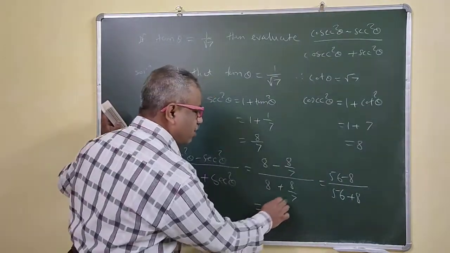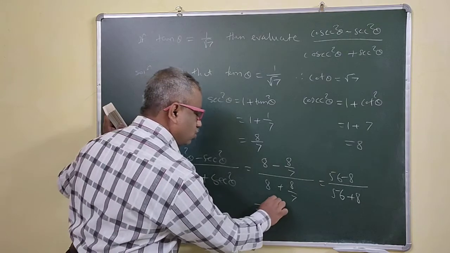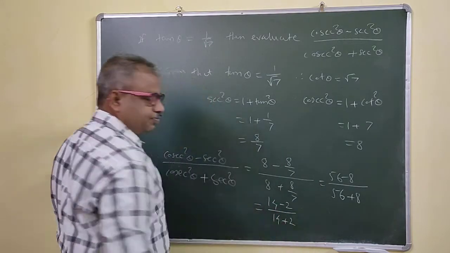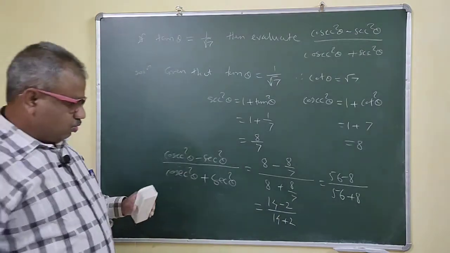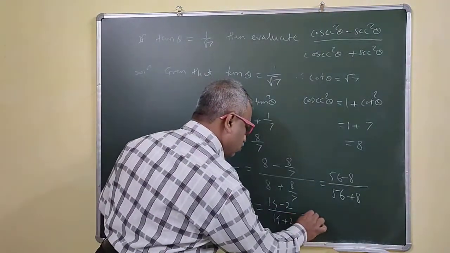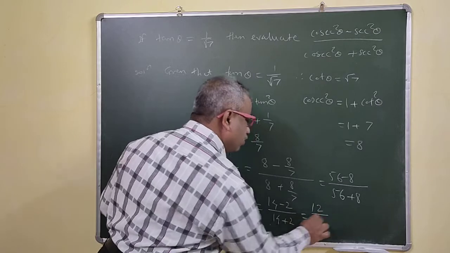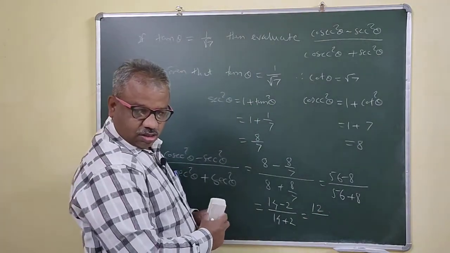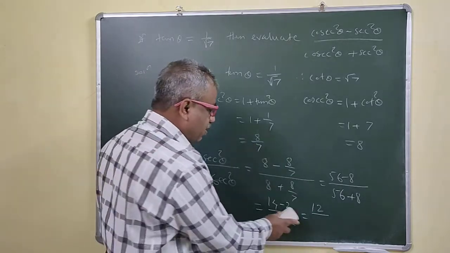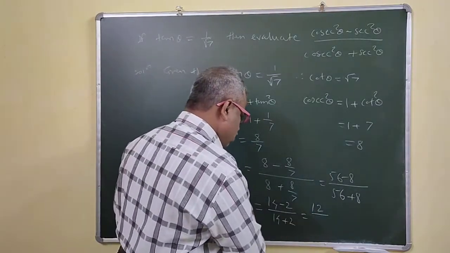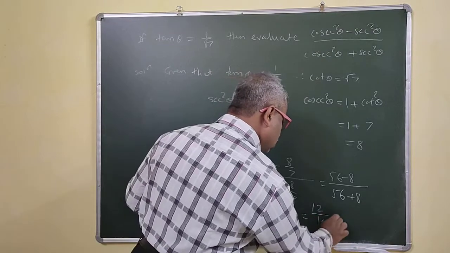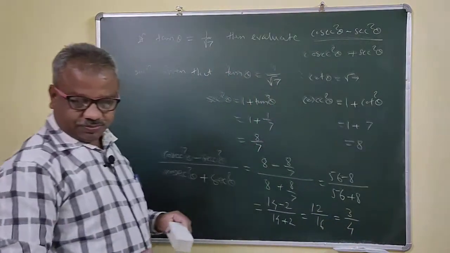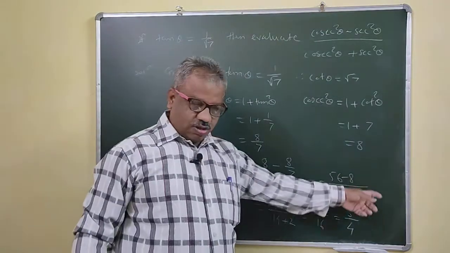So we can divide by 4, and this is 14 minus 2 upon 14 plus 2. So this is better. It is also divisible by 8 actually, all numbers are divisible by 8 also. Okay, doesn't matter. This is 12 by 16. Again you can divide by 4, so this is 3 by 4.